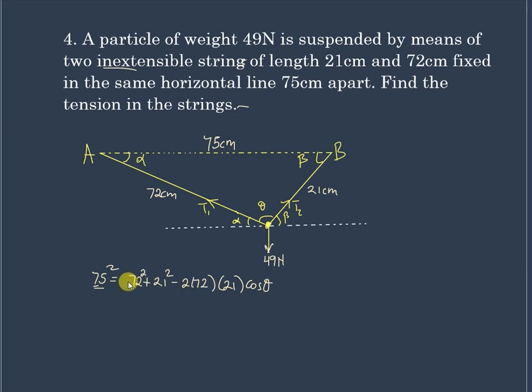But for this one, we have that cosine of theta is equal to 72 squared plus 21 squared minus 75 squared divided by 2 times 72 times 21.